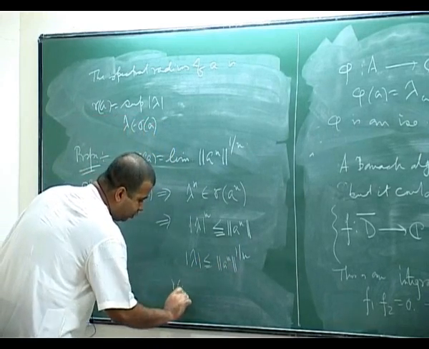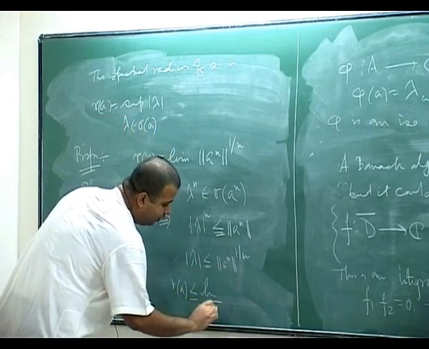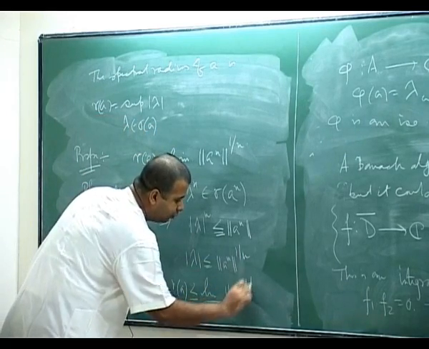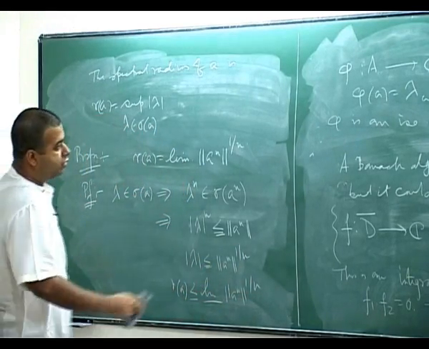Therefore, the spectral radius is less than or equal to the liminf of this.